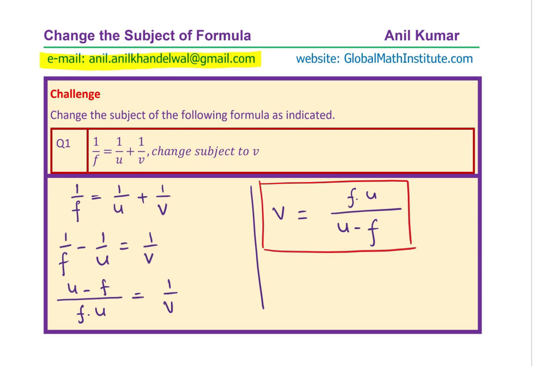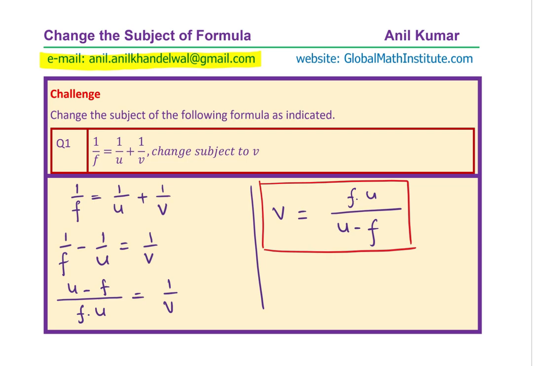It is a very important formula which you normally see when we refer to lenses, f being the focal length, u and v being the object and image distances.